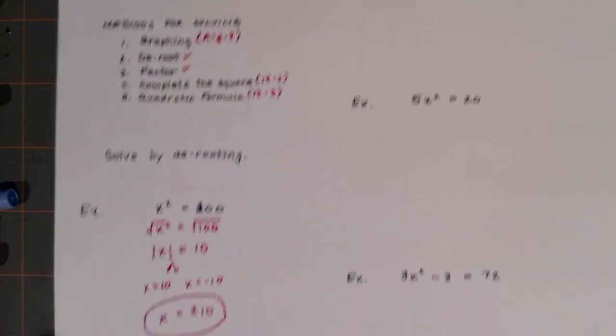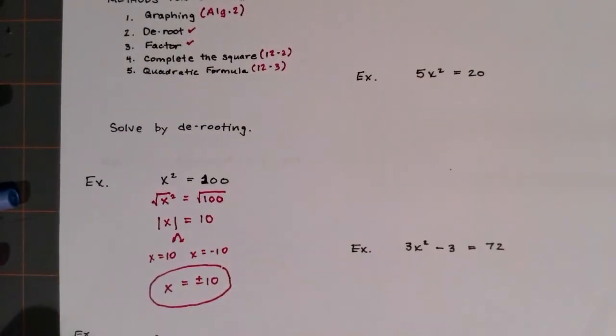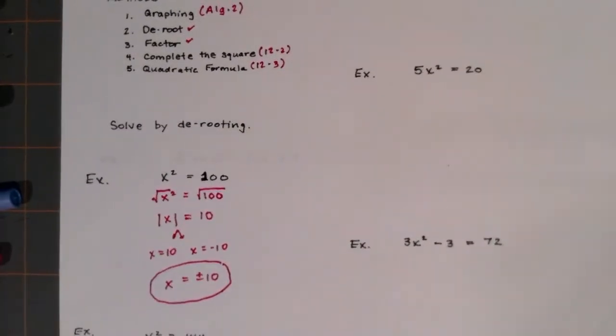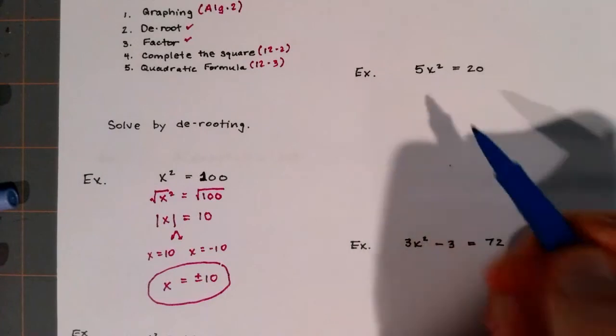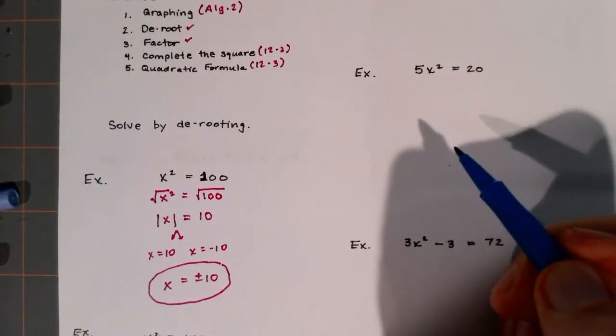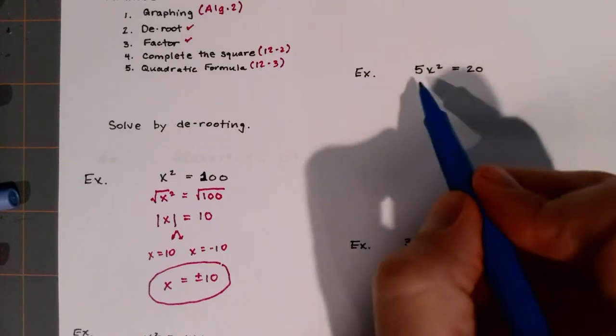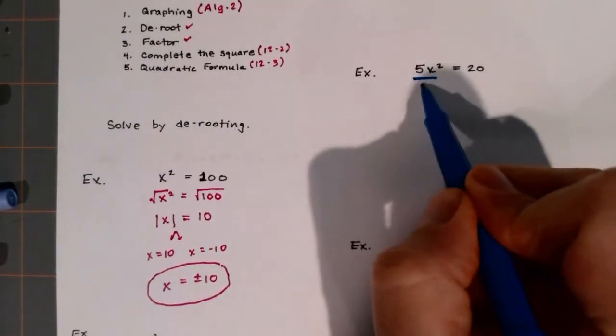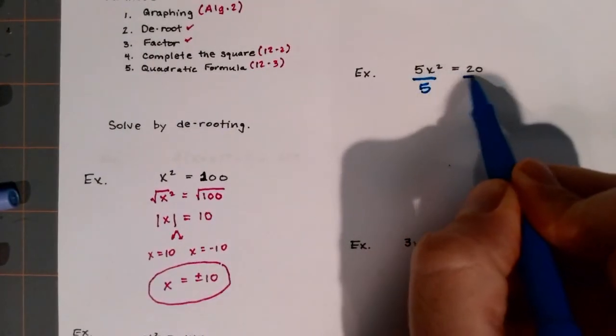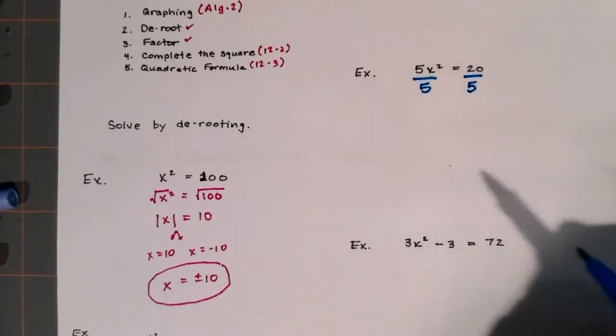Maybe we could make you have to do some work before you square root. So here I could square root this right away, but I think it's probably going to be easier for us if I isolate that square root term. So the first thing I would do here is divide both sides by 5.